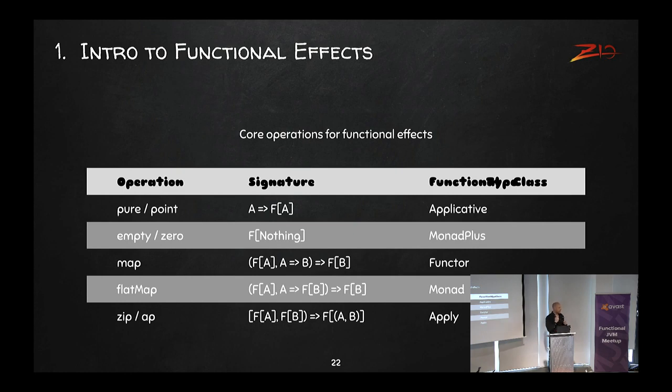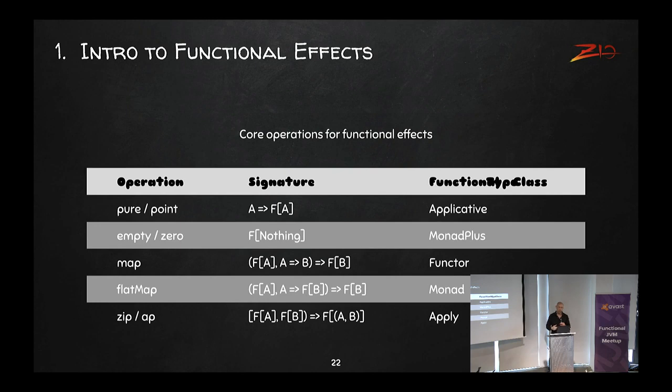It turns out that every single type class gives you an operation that you can use in your functional effect. More powerful functional effects have more operations. And the set of all operations given to you by your functional effect type determine how powerful it is and what types of things you can do with it.